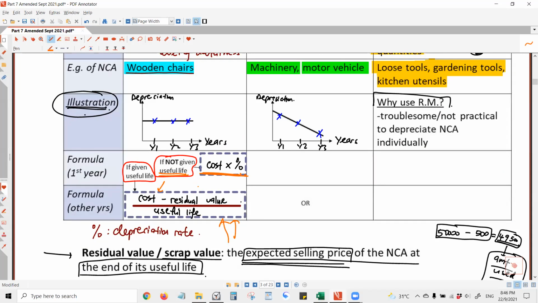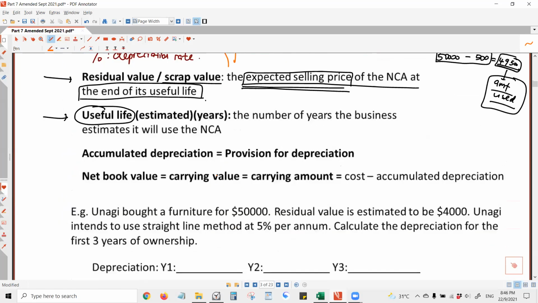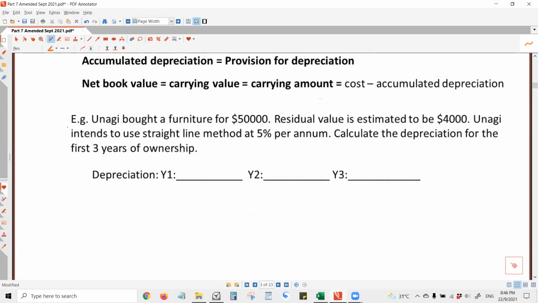Now I let you try to apply this to a question. On the same page, look at the Unagi question. You calculate for me these three figures. Then you tell me in the chat box there.